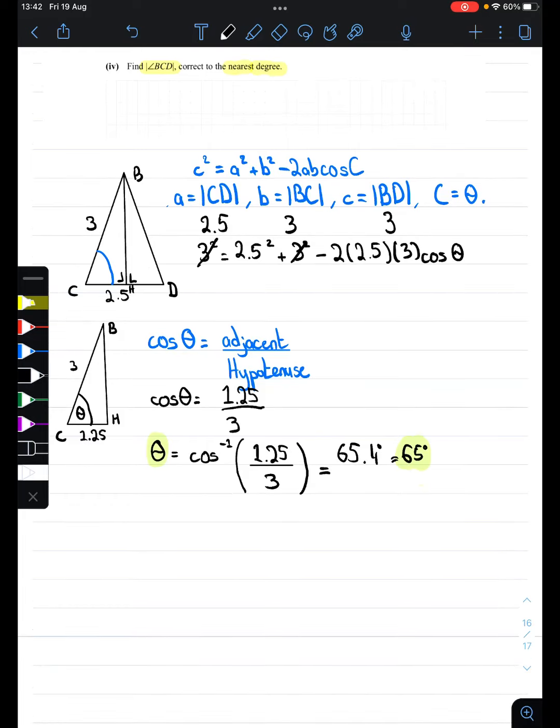Then these 3 squared will cancel. And we get cosine theta equals, sorry, I'll do a few more steps.